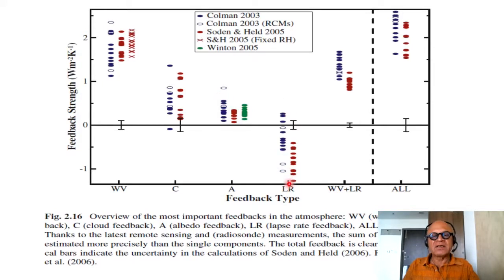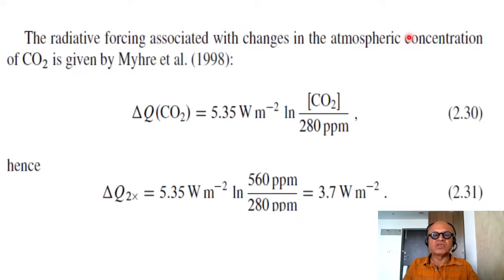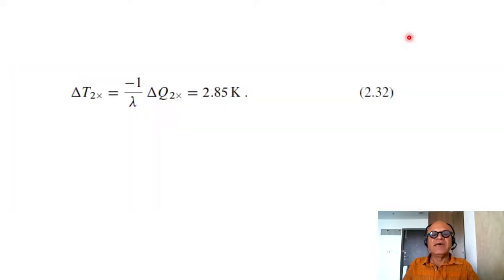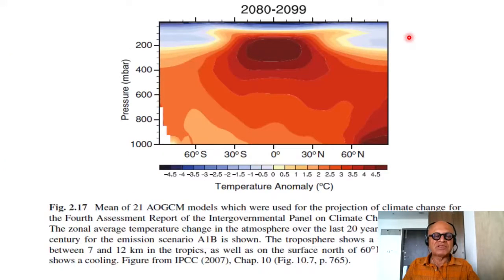Lapse rate feedback, very large negative numbers to slightly positive numbers here. Water vapor plus lapse rate feedbacks, positive with the range, and all of them together have a net positive but quite a range. So this is what we talked about before in terms of estimating equilibrium climate sensitivity.